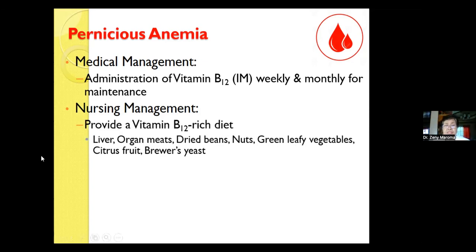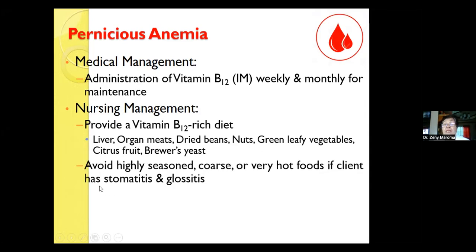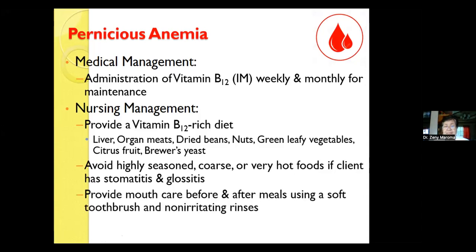Nursing management. Provide a vitamin B12 rich diet like liver, organ meats, dried greens, green leafy vegetables, citrus, fruits. Avoid highly seasoned, coarse, or very hot foods if the patient has stomatitis and glossitis. It means sour and spicy foods are prohibited, and hard foods too, because there will be irritation of the oral mucosa.